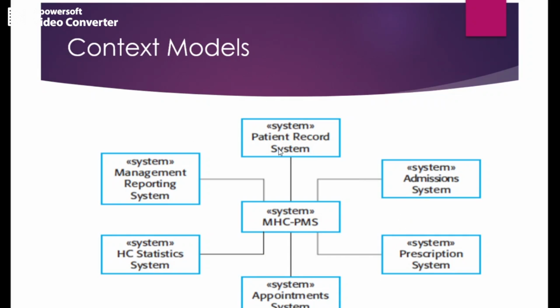Some way or the other they are influencing your system. You can see here, one is the patient record system. Second is the admission system. Third is the prescription system. Fourth is the appointment system. Then the HC healthcare statistics system. Another one is the management reporting system.